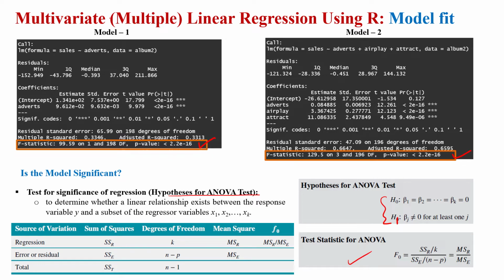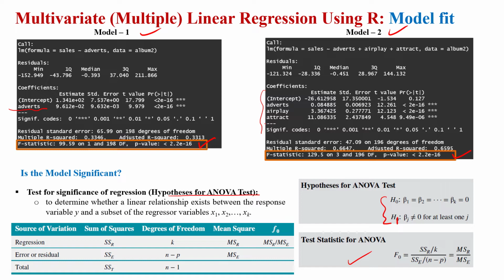As you can see, for model 1 as well as model 2, both models' F test statistics have a p-value less than 5%. So we will say that these models are significantly good fit models in order to explain the effect of these independent variables on the sales, whether we are talking about model 1 or model 2.